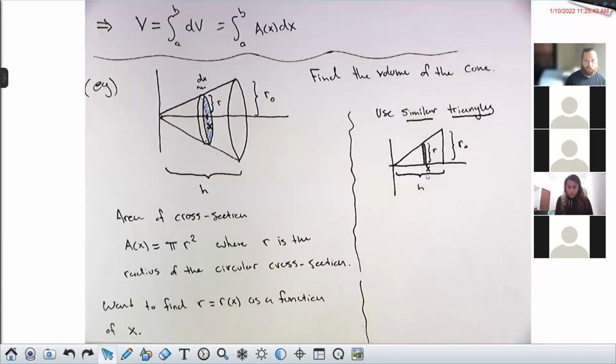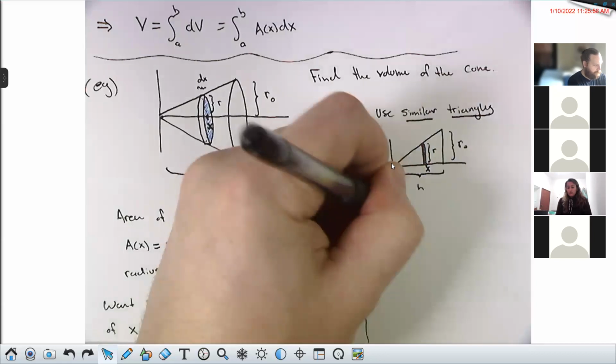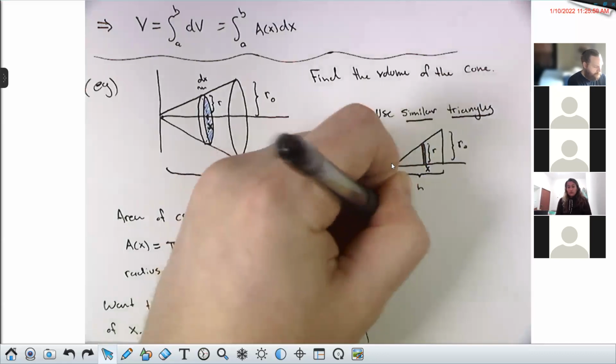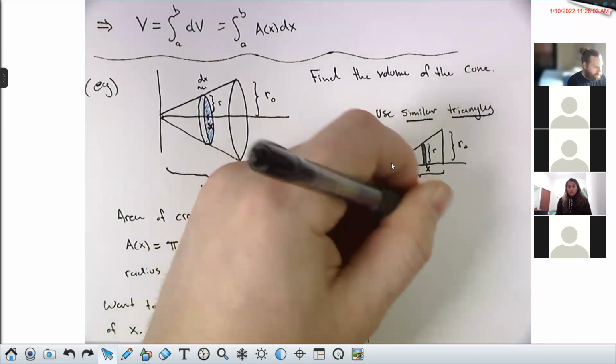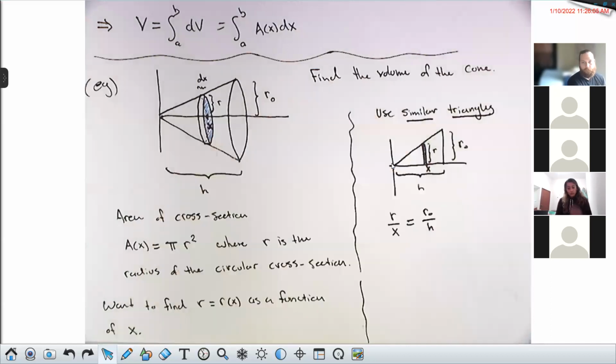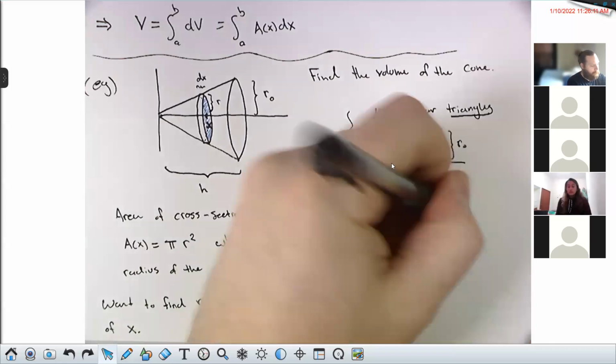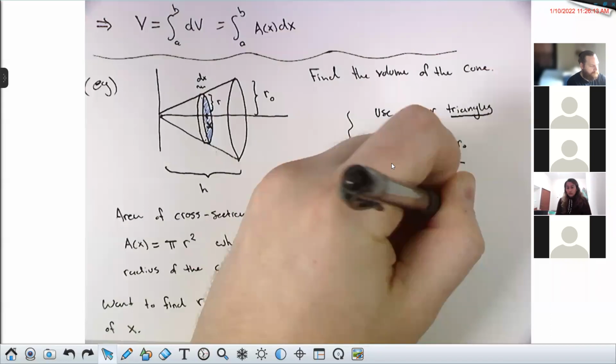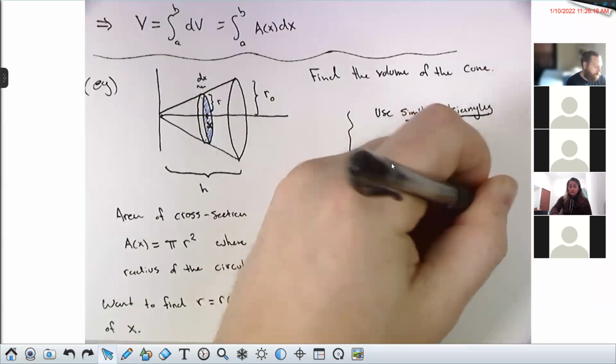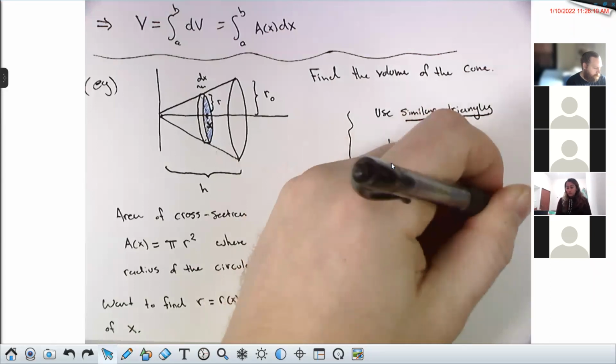And by similar triangles, this big triangle being similar to this little triangle, the ratio of side lengths R0 over H has to be the same as the ratio of side lengths R over X. R over X is equal to R0 over H. Multiplying both sides here by X, we get that R is equal to R0 over H times X.